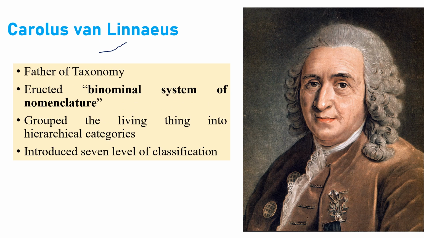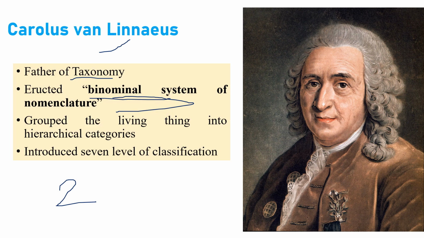Generally, Carolus Linnaeus is considered the father of taxonomy. He introduced a system called binomial nomenclature. Binomial means every organism has two names, a genus name and a species name. That is called binomial nomenclature. It is a very important and chief starting point or foundation for the naming and classification of fungi.